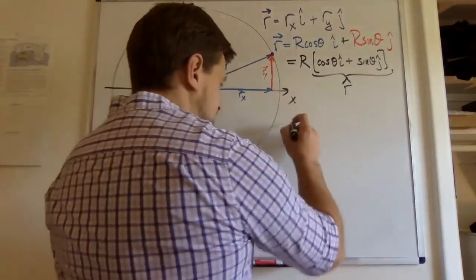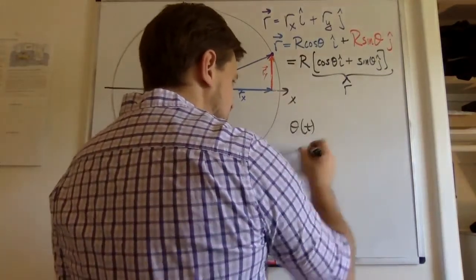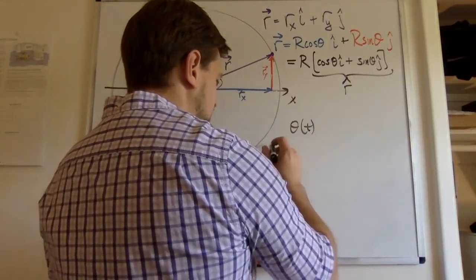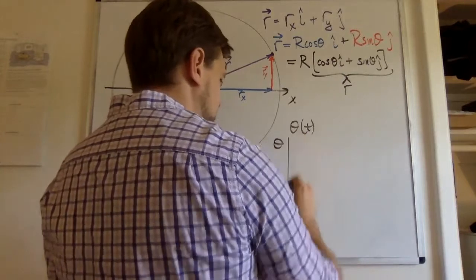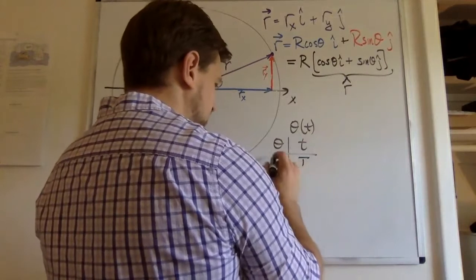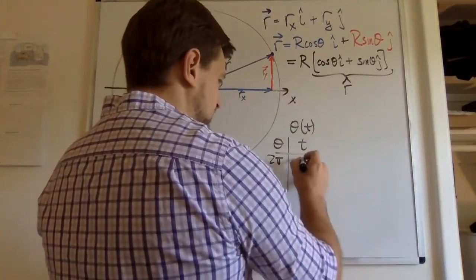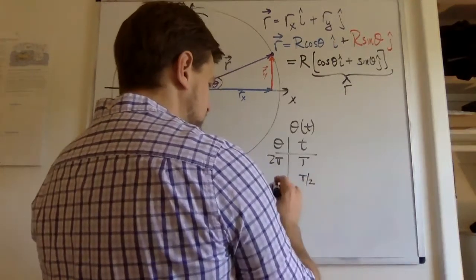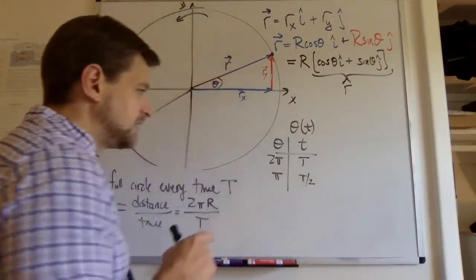So, theta of t. We've got a table here. When t is capital T, we've gone 2 pi. And when t is T over 2, we've gone pi.